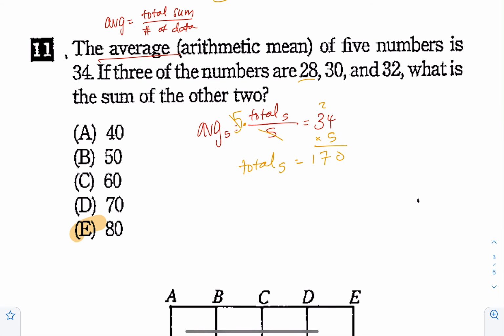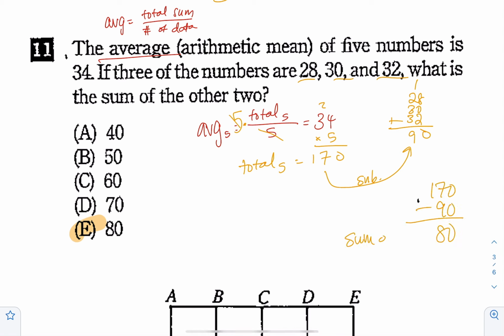Now, 3 of the numbers are 28, 30, and 32. So if you add these numbers up, you get 90, which means the 2 other numbers will be 170 subtracted by 90, which will give you 80, the sum of the other 2 numbers.